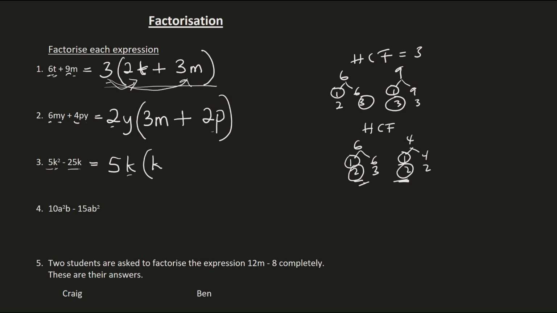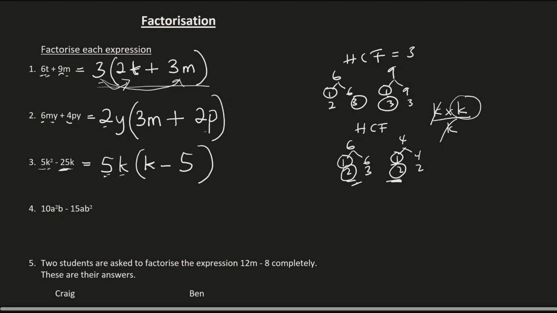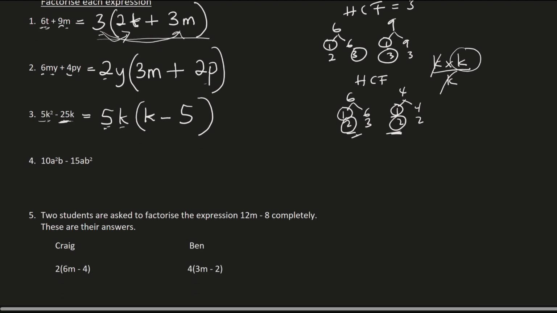How do I know this? I have k squared means k times k divided by k. This k cancels out, which is what we factorize out. What is left? k. So that k goes into the bracket. Minus 25 divided by 5 is 5. Now don't forget, I've already factorized the k out, so I don't need k here. Close bracket.